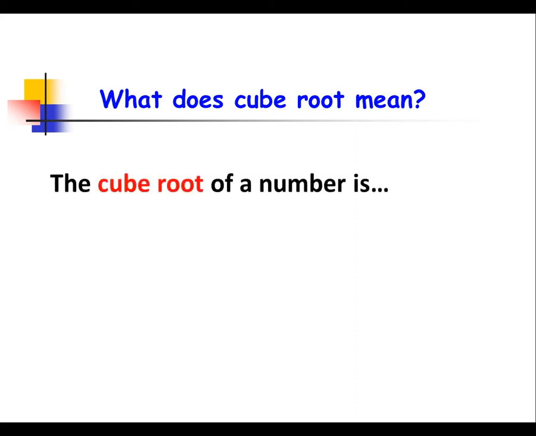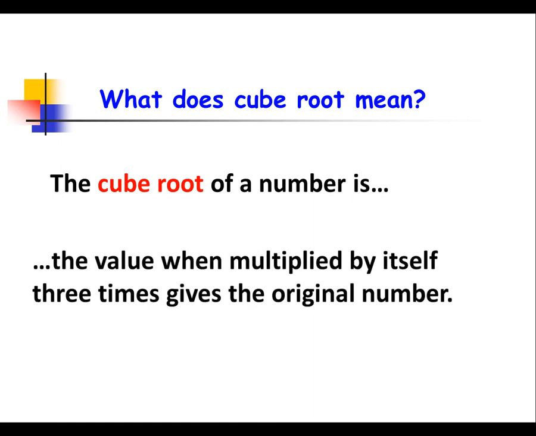The cube root of a number is the value when multiplied by itself 3 times gives the original number.